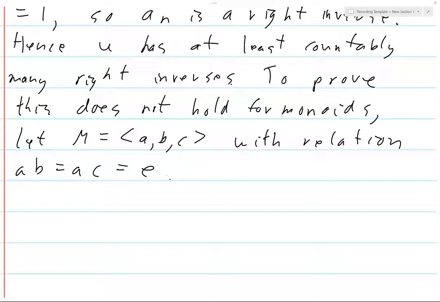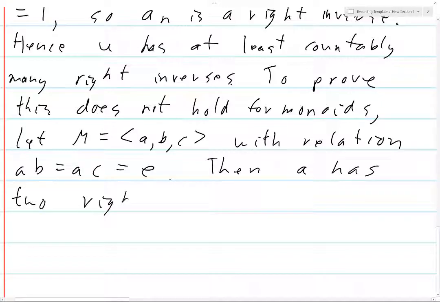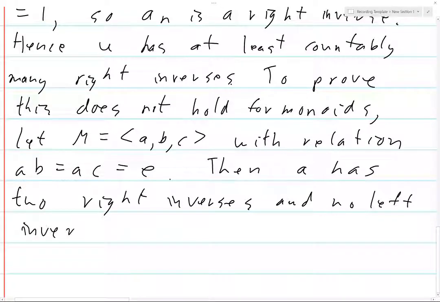So anyways, then a has 2 right inverses and no left inverse. That's because if you just have an a, you can't put anything to the left of it to cancel it out, and obviously ab and ac both cancel out.